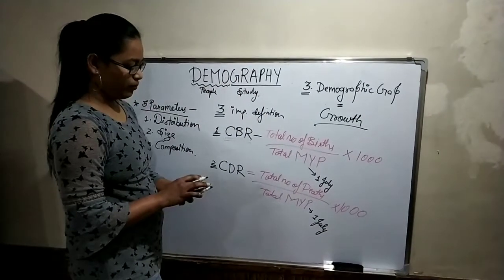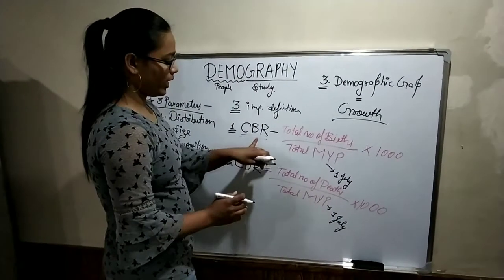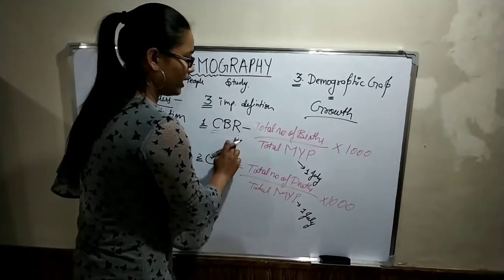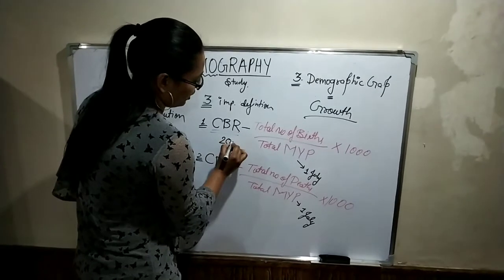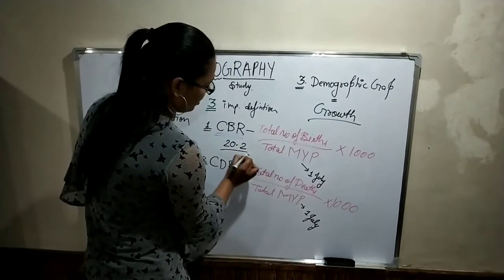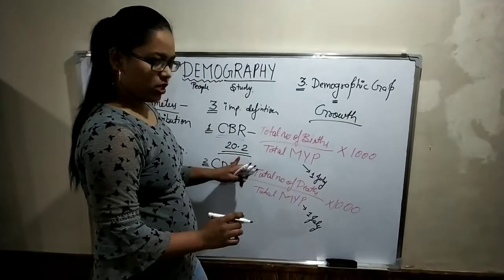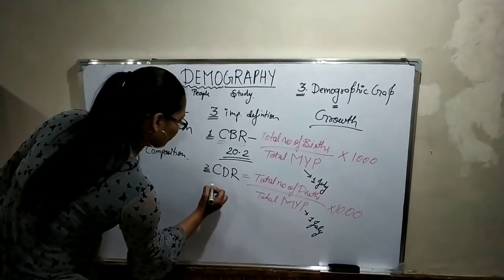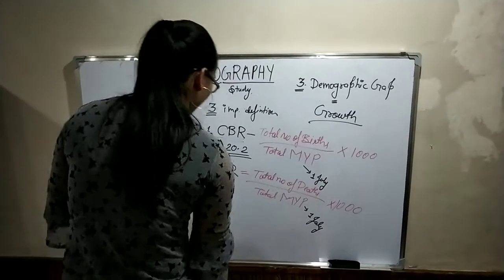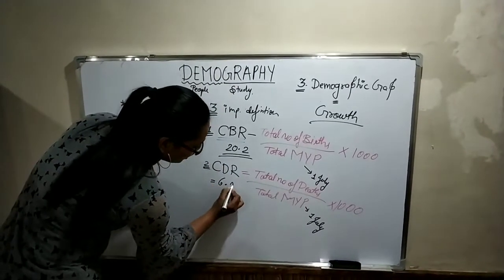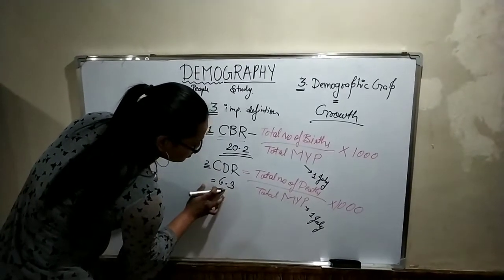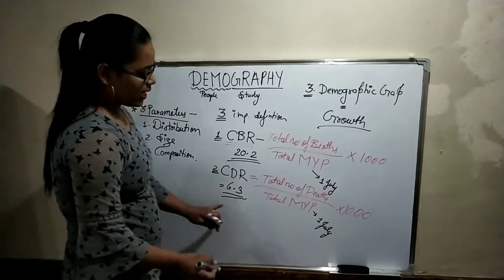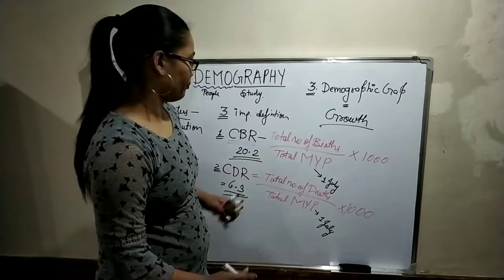And if we talk about India, the crude birth rate in India is 20.2 per 1000 of the mid-year population. And the crude death rate is 6.3 per 1000 of mid-year population. This is the current status of India.